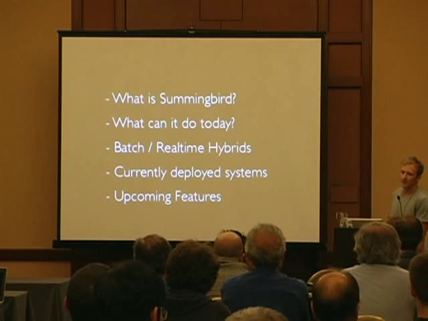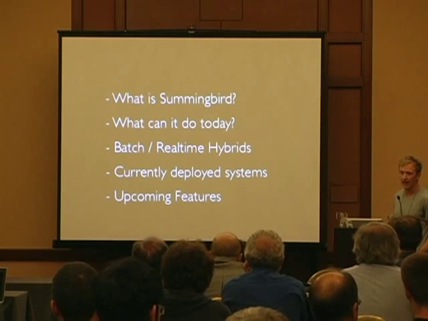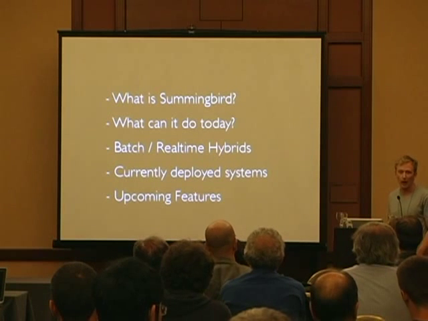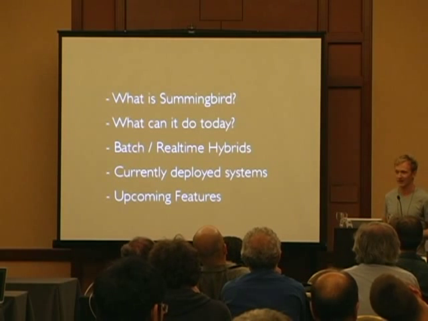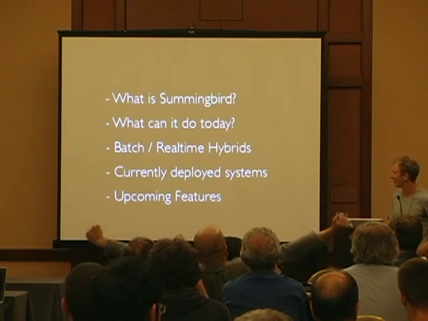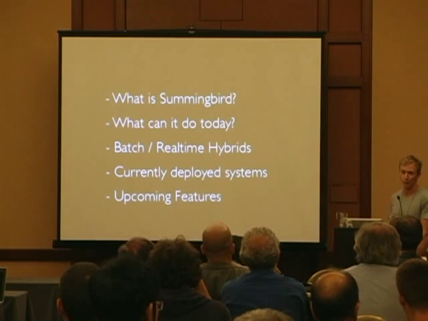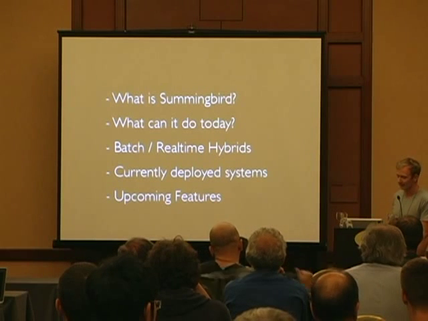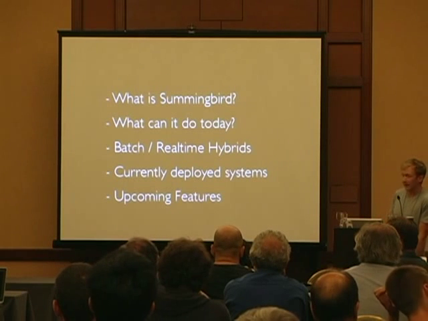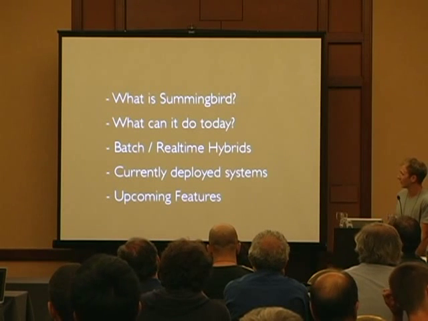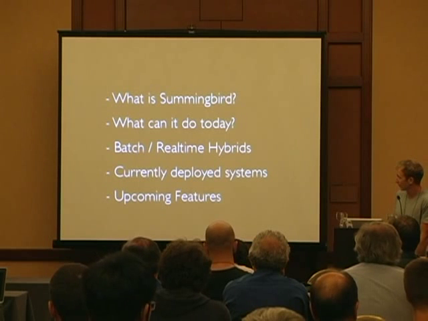So we're going to talk about what Hummingbird is, like what we built, what the vision for this thing is, and kind of why we thought that Twitter and the world needed yet another MapReduce library. These things are all over the place. I'm going to make the case that we needed one more to rule them all, but we'll see what you guys think. We're going to talk about what this thing can do today, some of the functions that it has, what we can build.